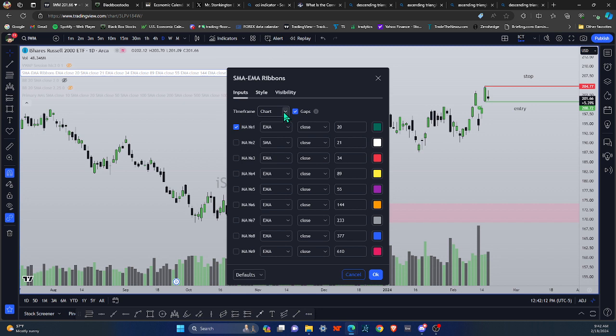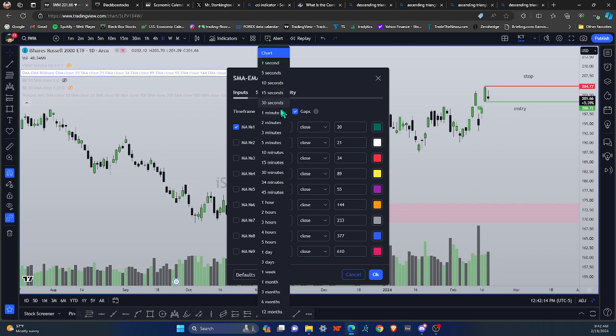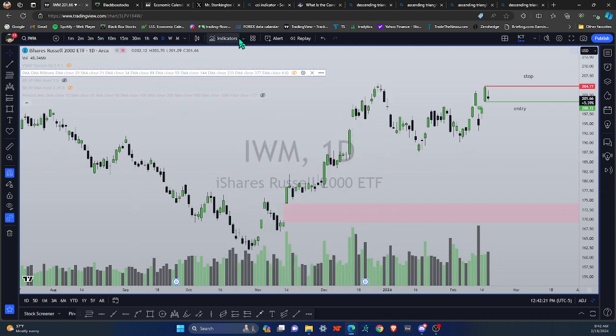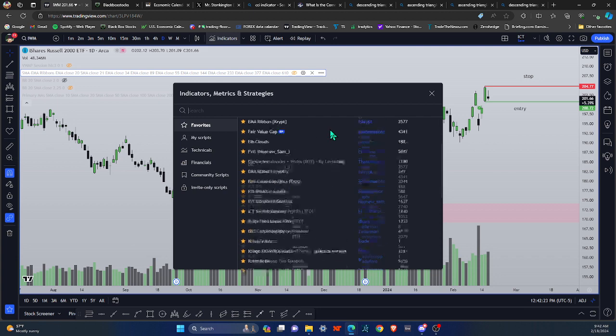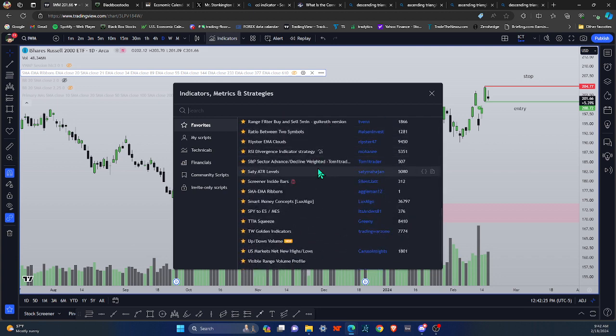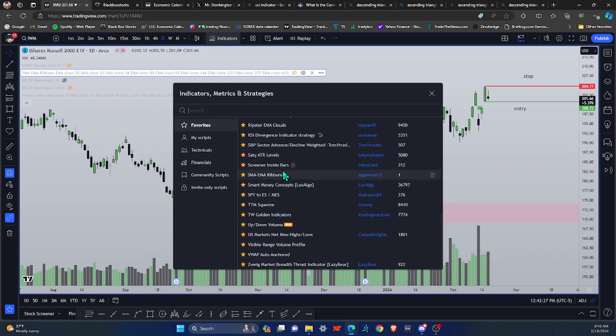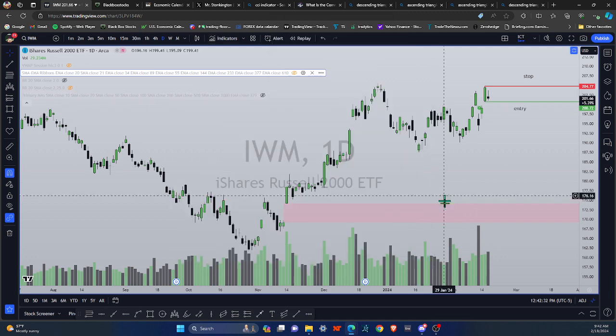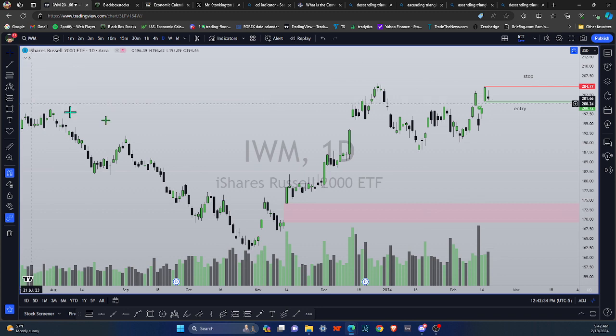The fact that you can switch so that you're looking at the EMAs based on your time frame is helpful. All right, I'll drop that one here in the room.